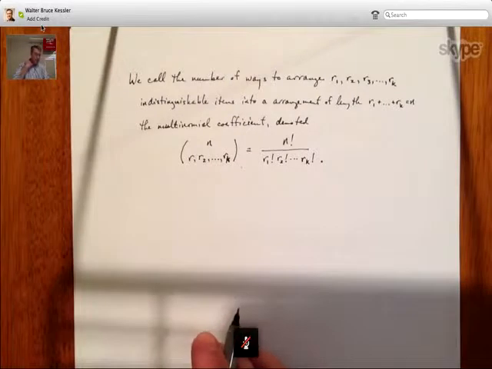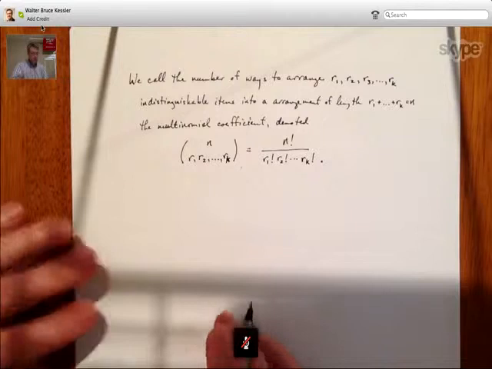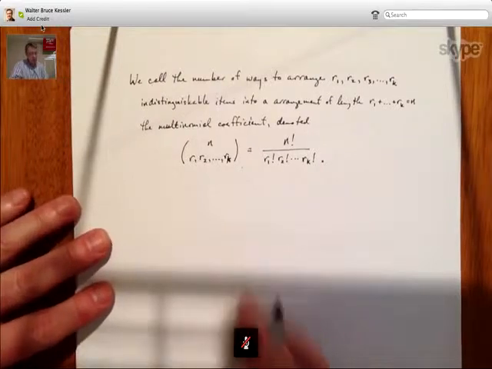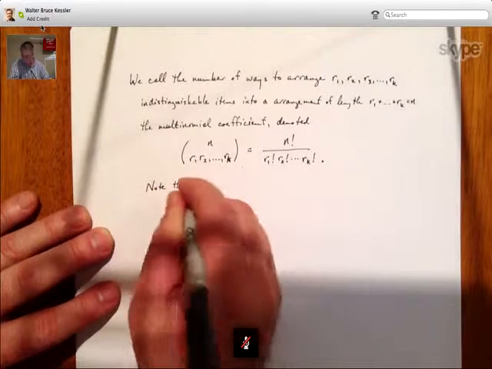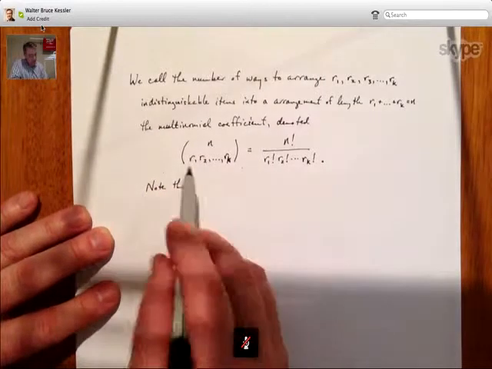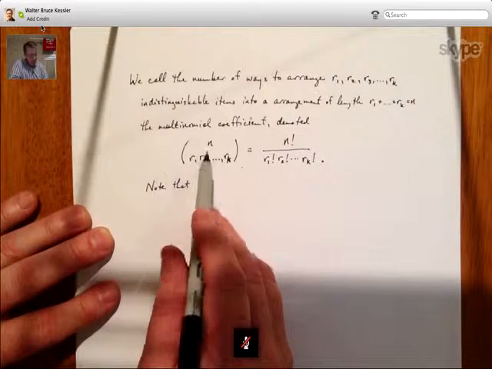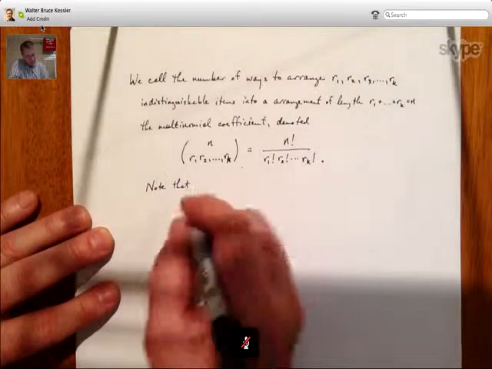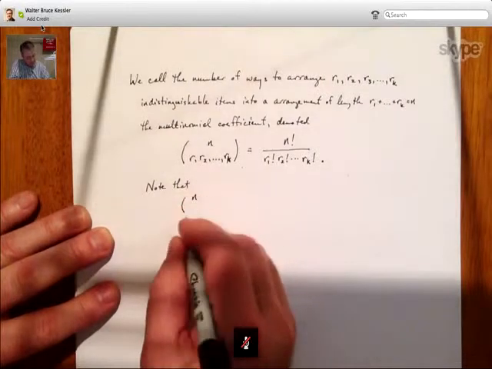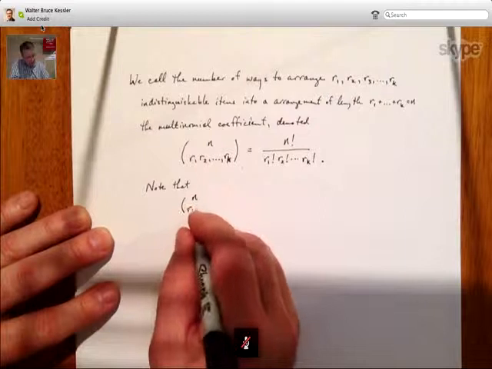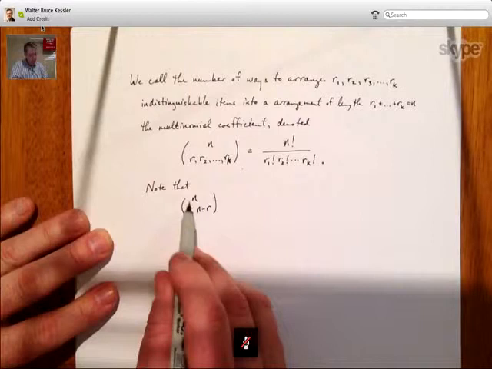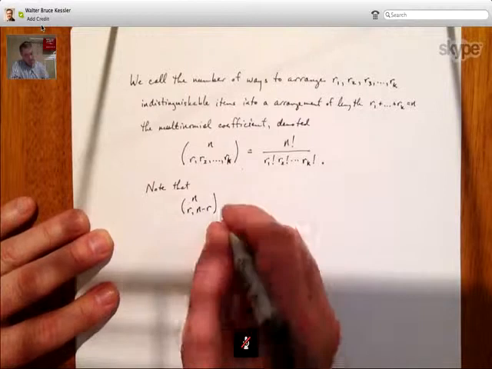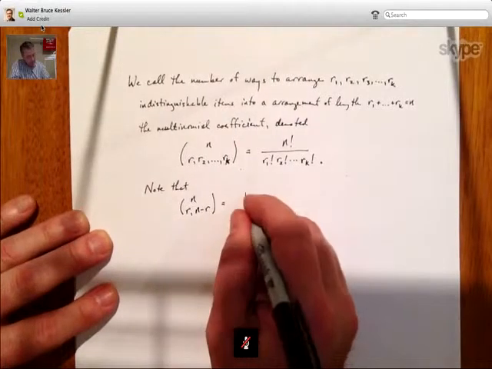And the thing I pointed out in class is that really this is just a generalization of our binomial coefficient. If I had two of these things and they added up to n, so I've got r and I've got n minus r, right? If I add those up, I get n.